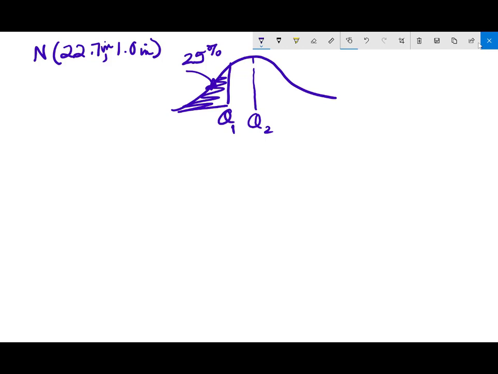I can go in the body of the table, and since it's to the left, I can use the table as it stands, or I can go to StatCrunch, and I want to do standard, I want to do less than, I want to get rid of the z-score and put in the probability of 0.25.